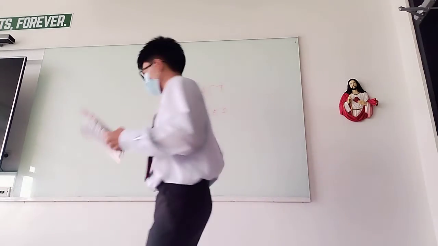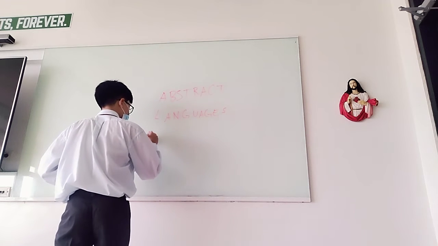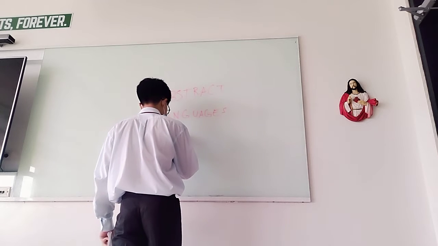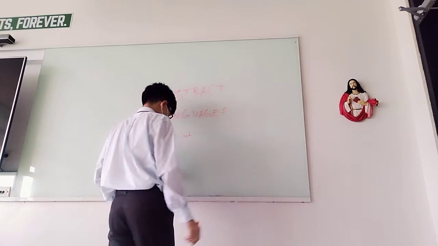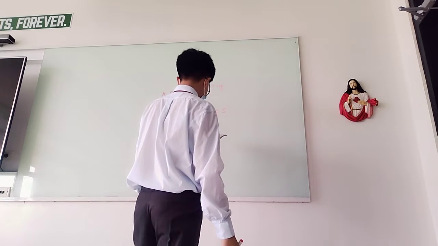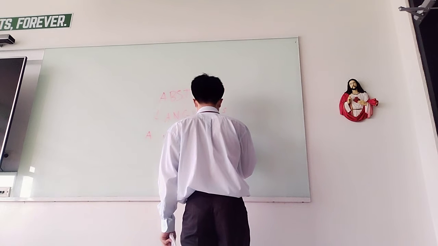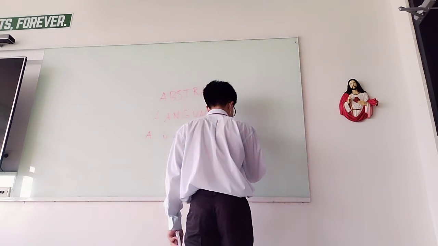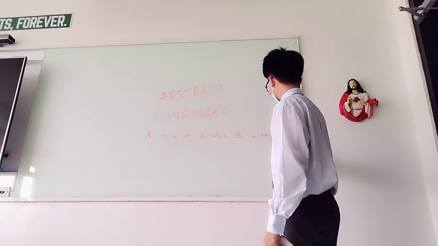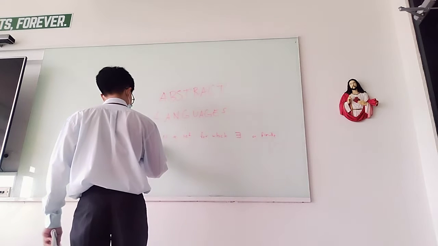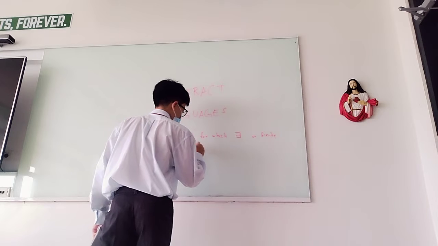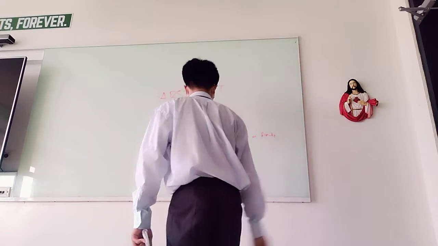So a formal language, which I will call A, is a set for which there exists a finite set of abstract symbols, which I will call capital sigma.